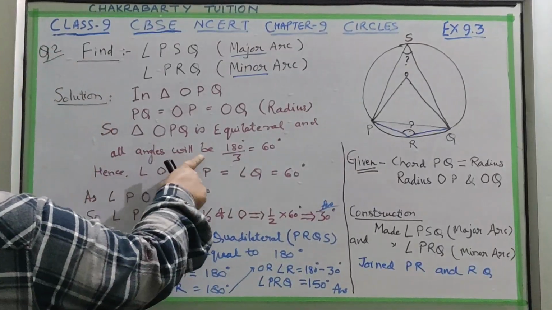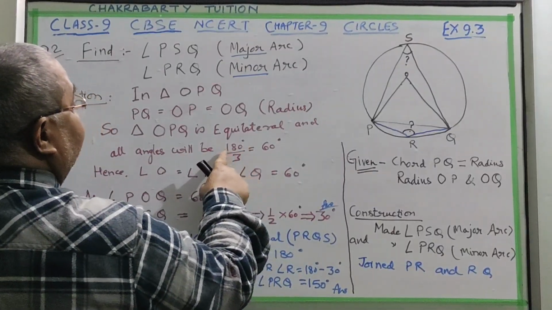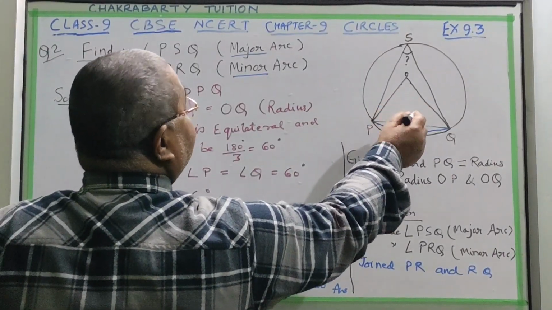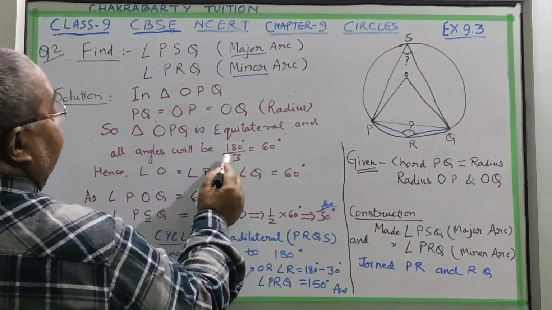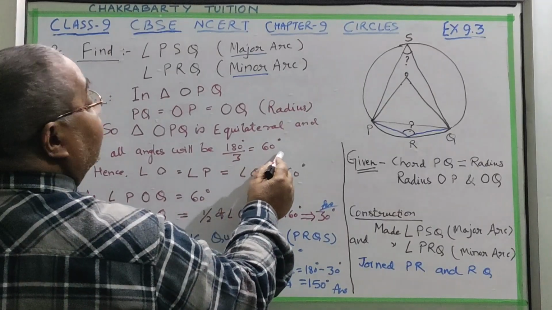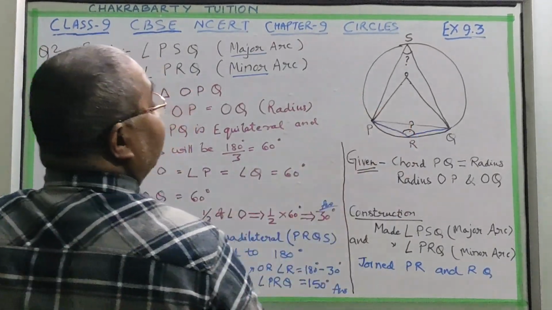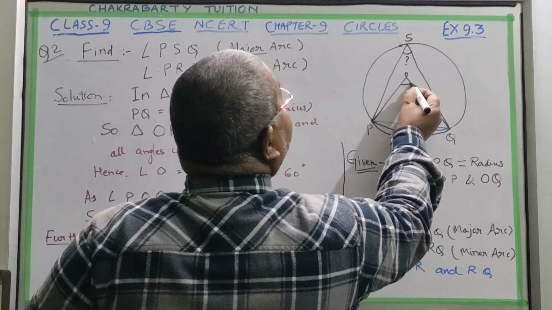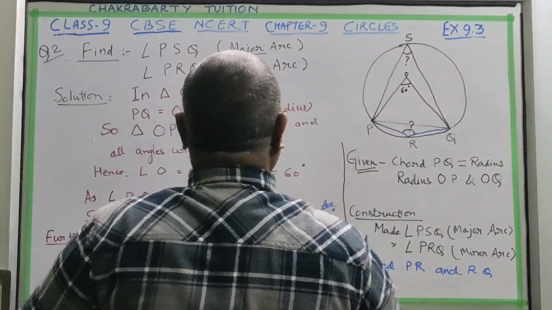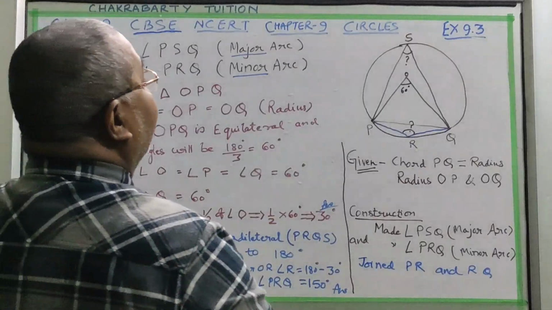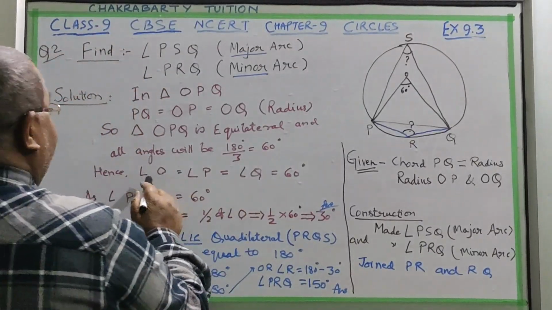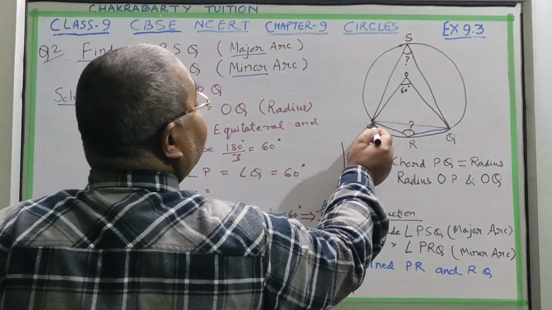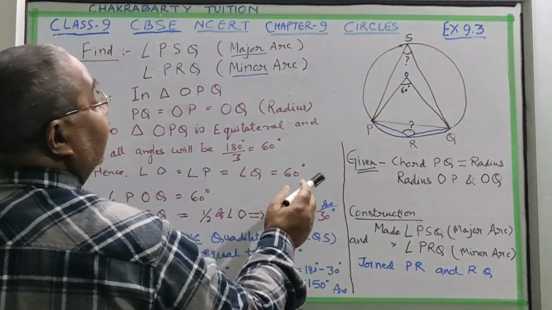The sum of all three angles of a triangle is always equal to 180, so it will be divided by 3, and each angle will be 60 degrees. Hence angle O, angle P and angle Q will all be 60 degrees.